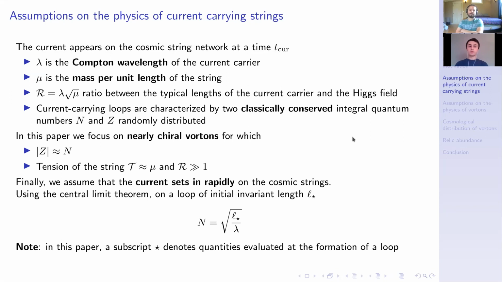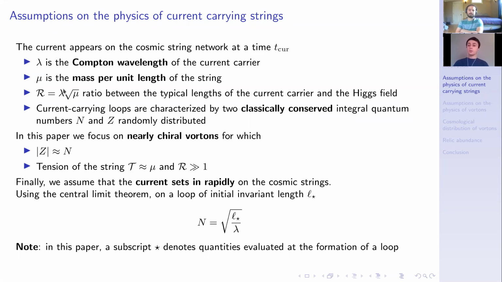And in this paper, we focus on nearly chiral vortons for which these two quantum numbers are of the same order of magnitude, which allows us to reduce these two quantum numbers to only one. And in this case, the tension of the string is roughly equal to the mass per unit length. And we have also the ratio between the two energy scales being very large with respect to one.